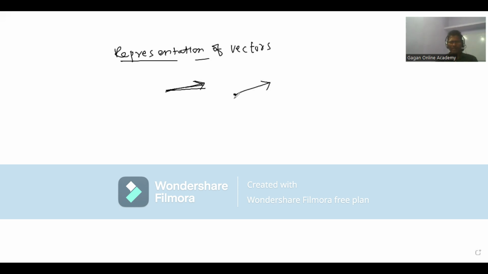See here, this point is called origin or starting point or tail. This end point is called terminus or tip or head. So use these terms.